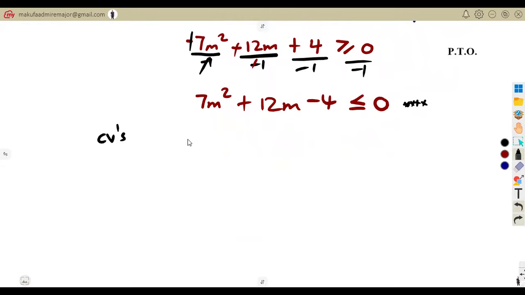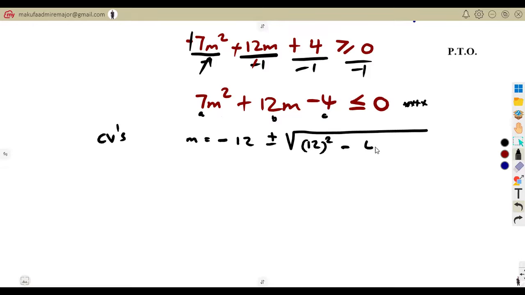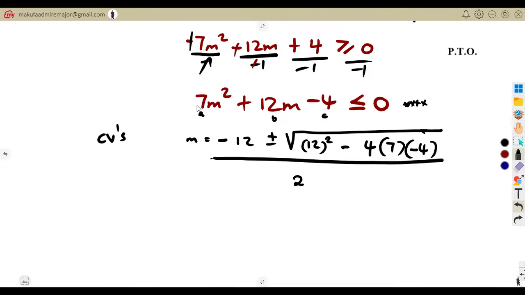M is equal to what? Minus b. Remember, this is your a, this is your b, this is your c. So it's minus b, which is minus 12, plus or minus the square root of b squared. That's 12 squared, minus 4 times a, which is 7, times c, which is minus 4. Everything over 2a, which is 2 times 7.